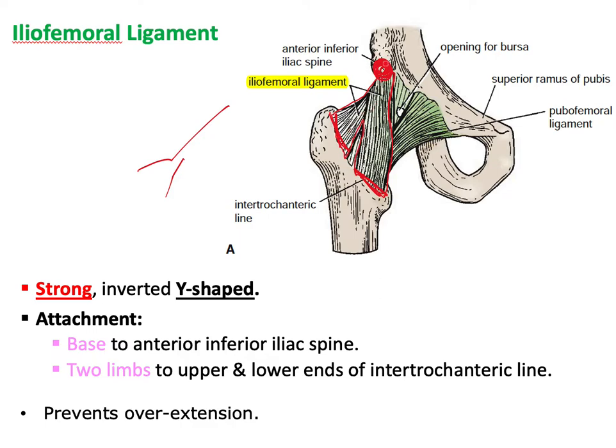It's very simple: the anterior inferior iliac spine and the intertrochanteric line, because it's mostly anterior. This is the strongest ligament in the hip joint. Sometimes they say it's the strongest ligament in your body, but sometimes they say the calcaneal tendon is the strongest. Anyway, what's the significance of this? It limits overextension of the hip joint.